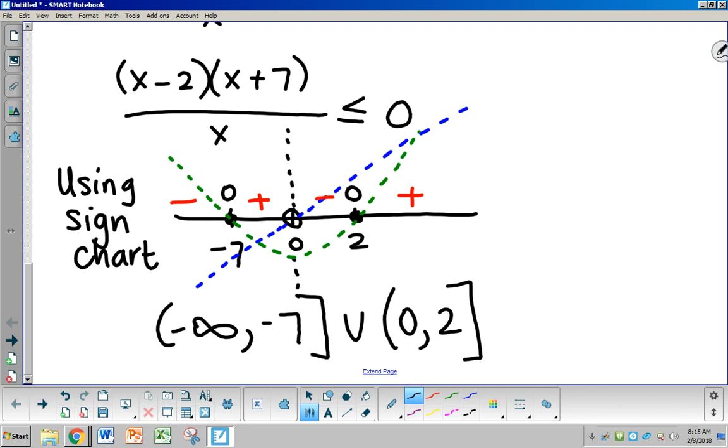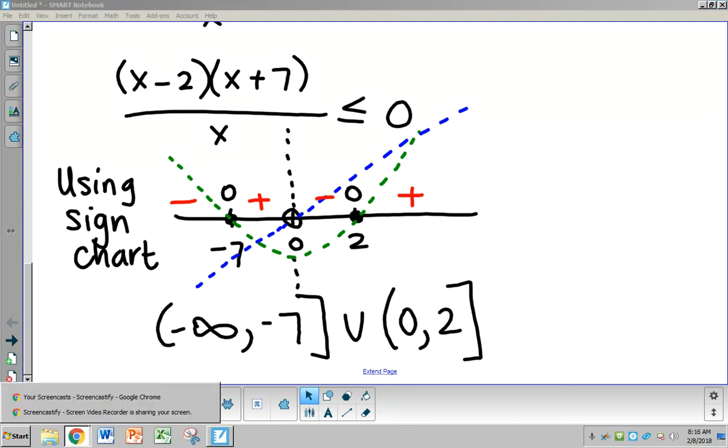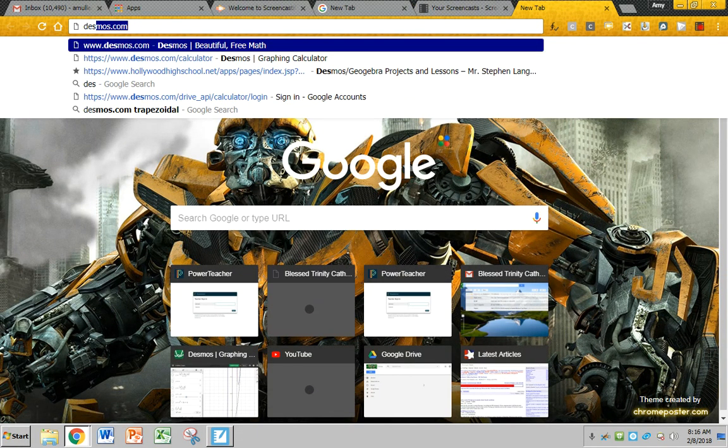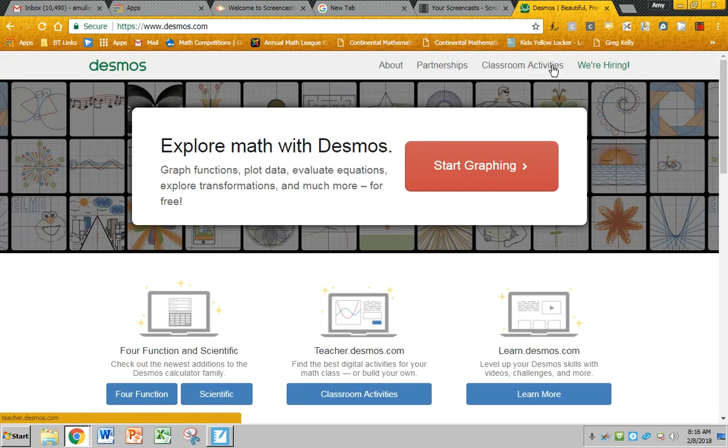Well, we could. And I happen to have a driver. So click my Chrome and my apps. There we go, you got it. Start graphing. Highlight.